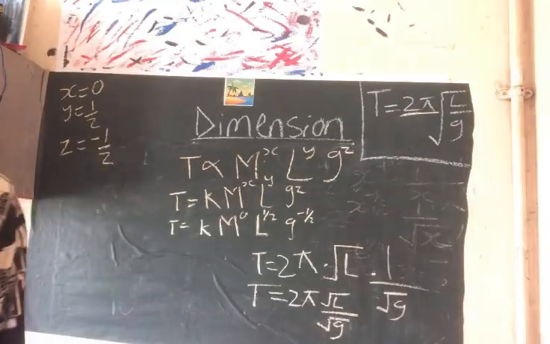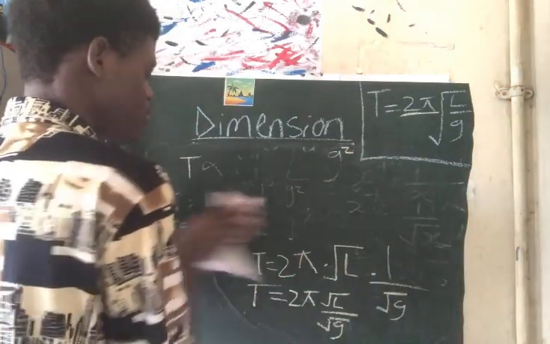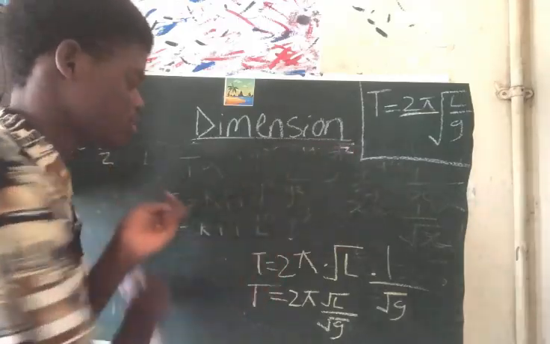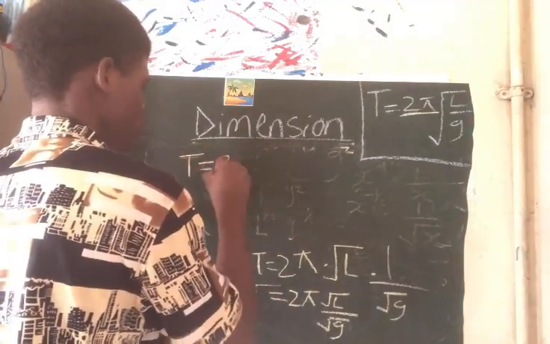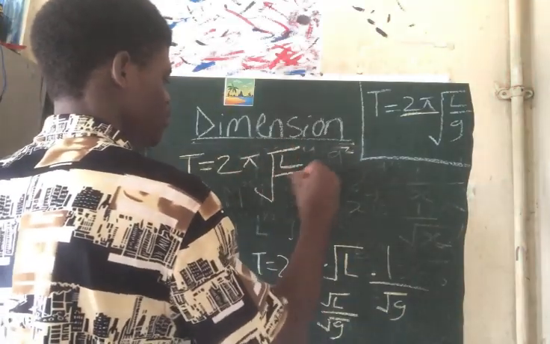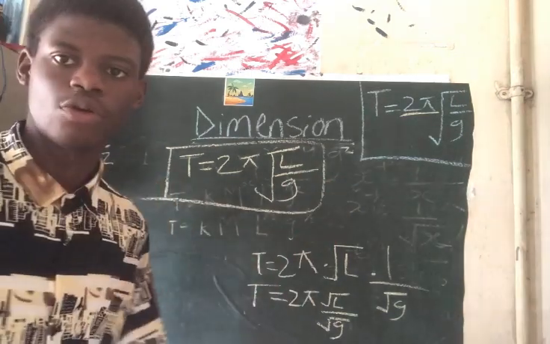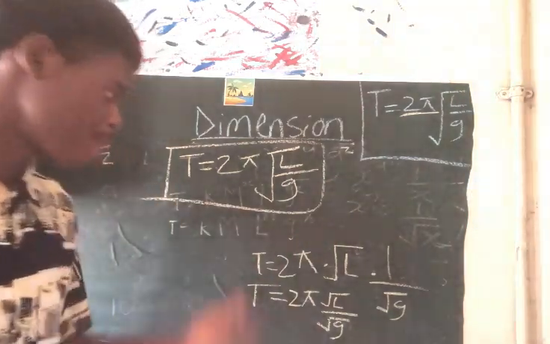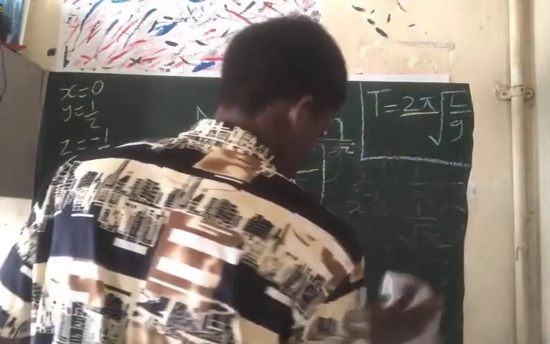And to make it simple, that's how we got T is equal to 2 pi square root of L over g. That's how we got this formula. I hope you now understand how we got this formula. And that's how they got most formulas using dimensional analysis.